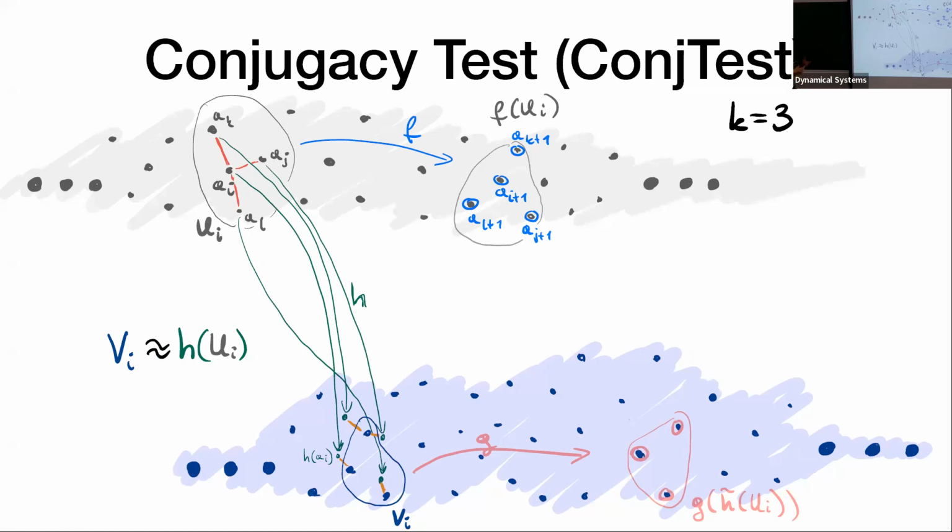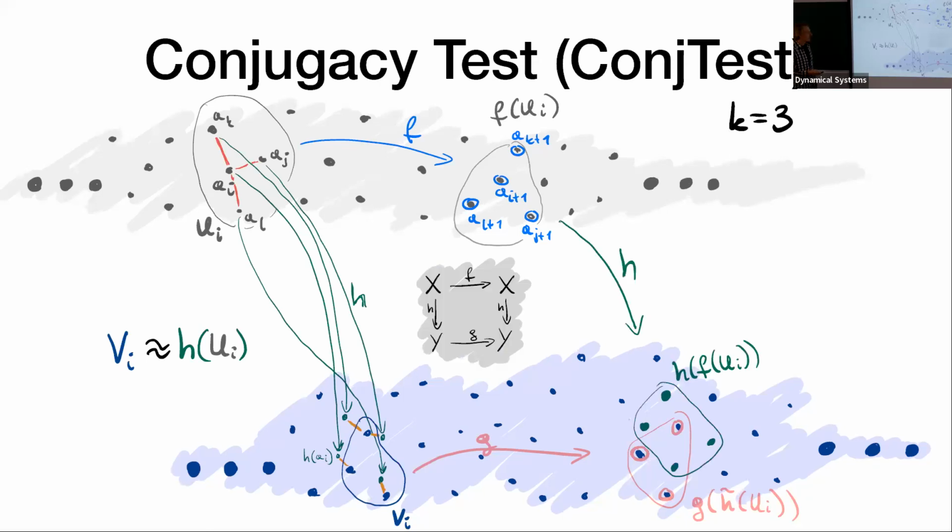Pushing those points forward means that we just shift the indices of those points according to the indexing in the time series, and then we map one of the time series again.